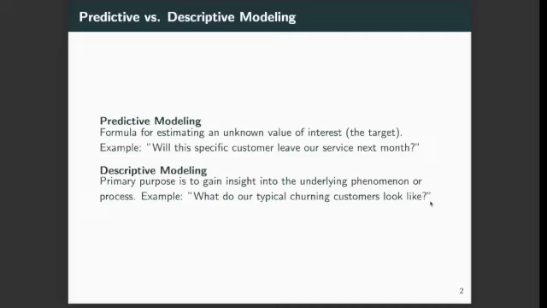On the other hand, the descriptive model is about gaining insight into the underlying phenomenon. Instead of predicting one person's behavior, whether they will leave or stay, we may want to ask, what do our typical churning customers look like? This will help us to understand the general trend.